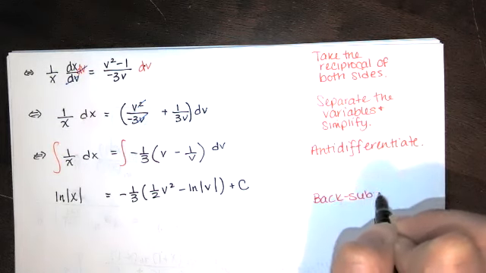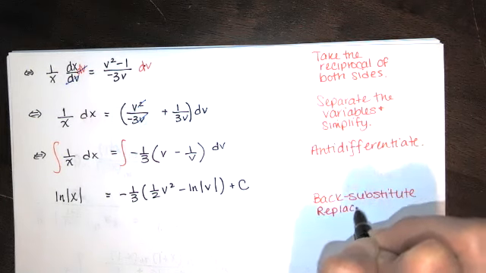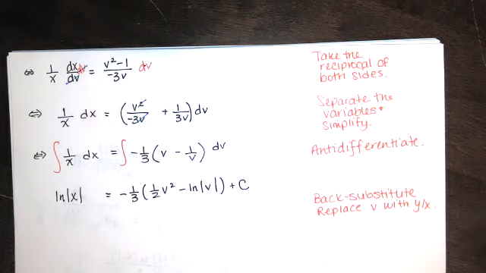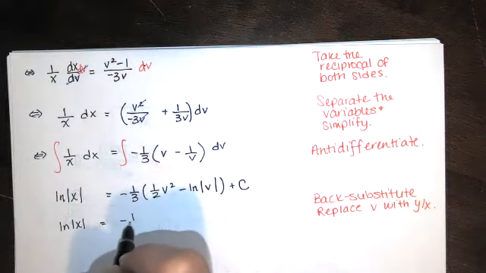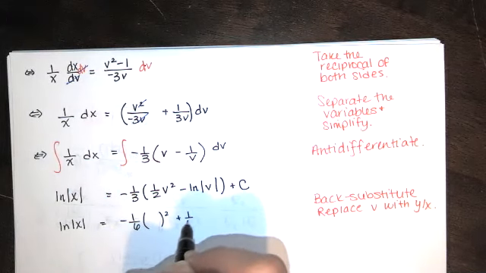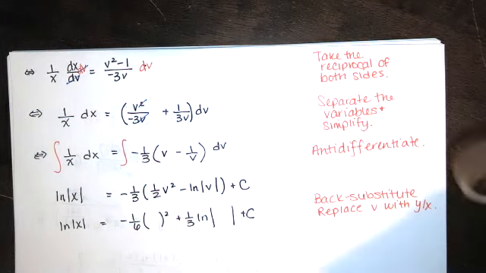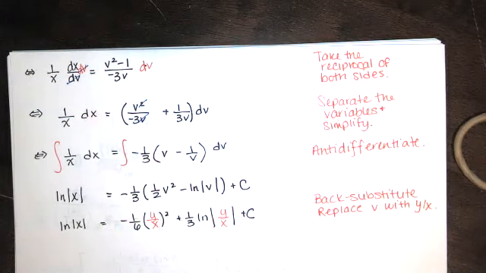Remember what v was. v was actually y over x. So if I distribute the negative 1/3, I have this. And I replace v with y over x. And remember what we were asked to find.